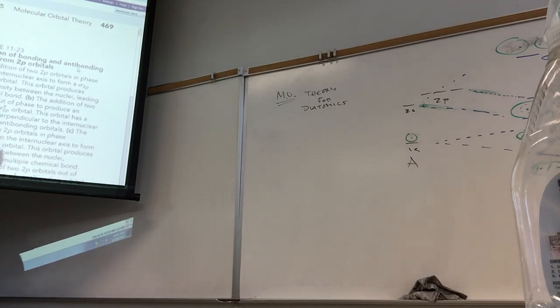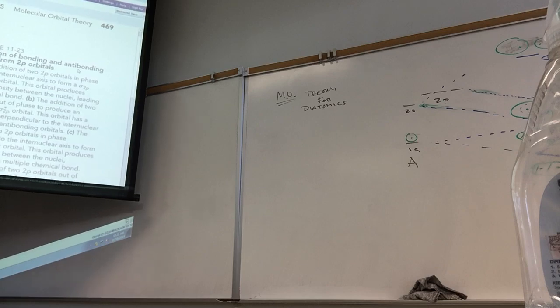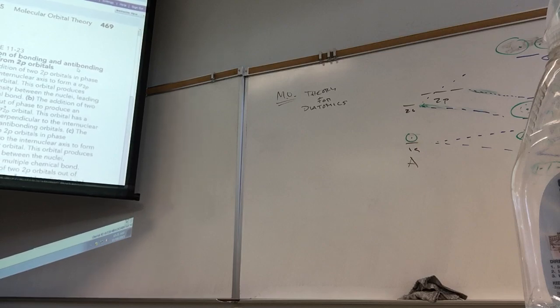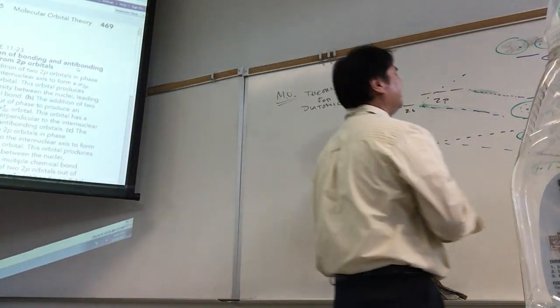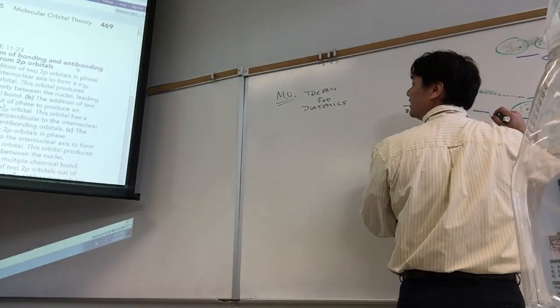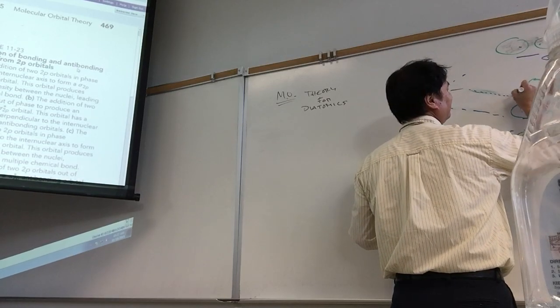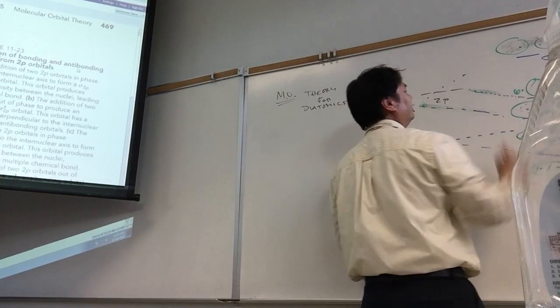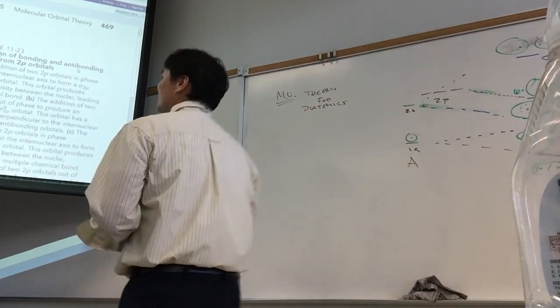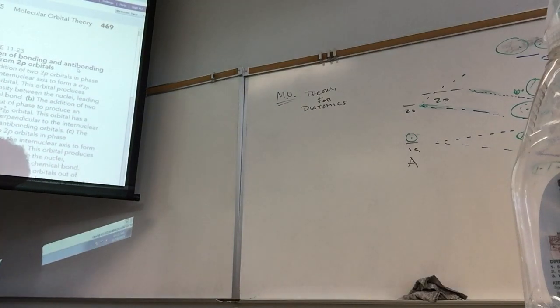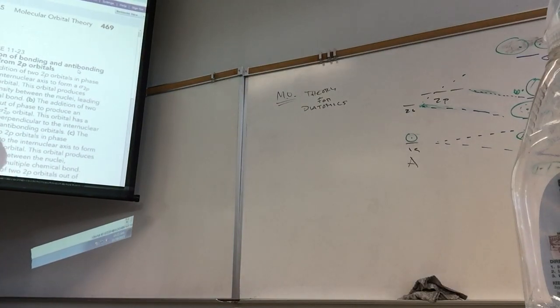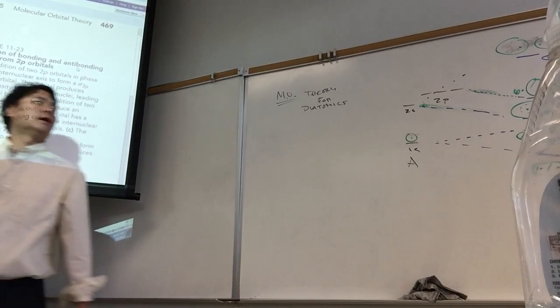When we did the 2px, we could just take the positive and positive. The positive is blue, negative is red in this case. So this is a sigma 2px here. So let's draw that here. Sigma 2px. But we're also going to generate the sigma star 2px when we try to do the positive with the negative, with the node here. It looks like that.